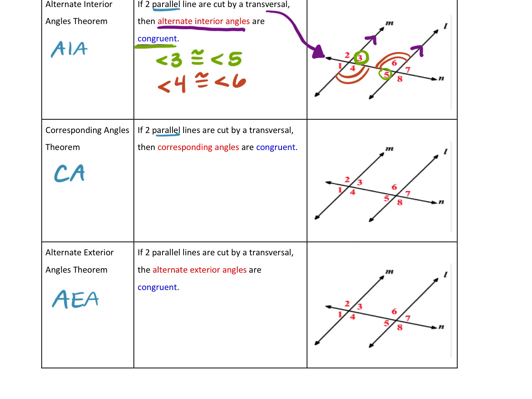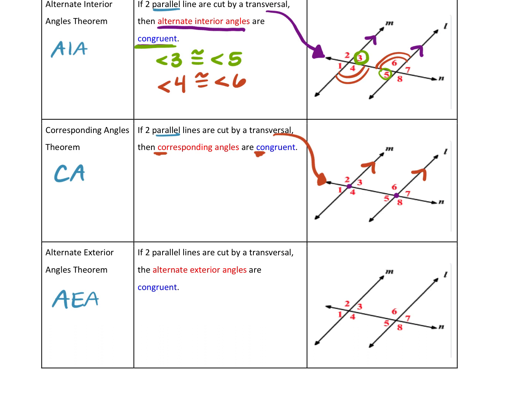Then corresponding angles. This one says, again, if two parallel lines are cut by a transversal, then corresponding angles are congruent. Isn't that convenient? There are a lot of corresponding angles. If you recall what we talked about in class in 3-1, you have these two vertices. The corresponding angles sit in corresponding locations from those vertices.